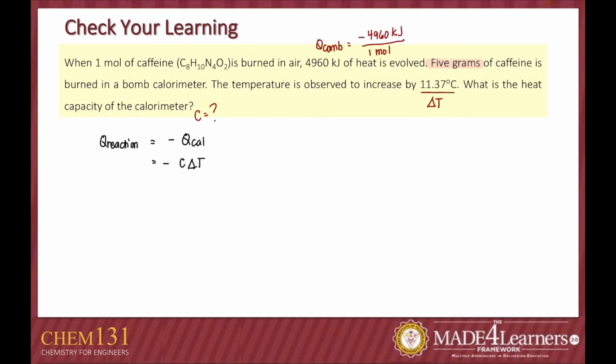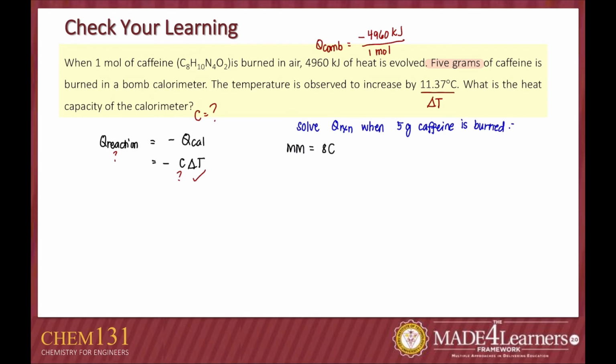So nangita ta ni C, we already have delta T. So kinahanglan natay Q reaction. So we have to solve for that first. Pila ang Q reaction when 5 grams of caffeine burned? Okay, so solve Q reaction when 5 grams caffeine is burned. So first thing to do is to find the molar mass of the caffeine burned.